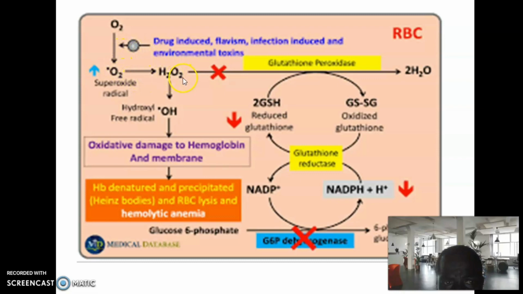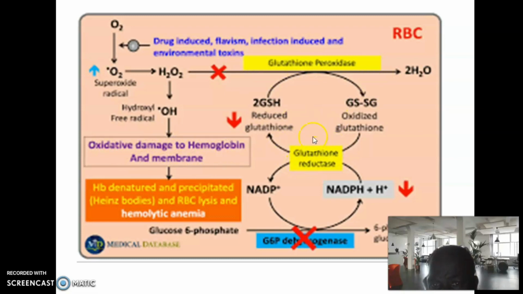This is also to explain the free radicals. The free radicals produce hydrogen peroxide, which really attacks the cell membranes and causes cellular damage. The oxidative damage to hemoglobin and the membrane is done by these free radicals.